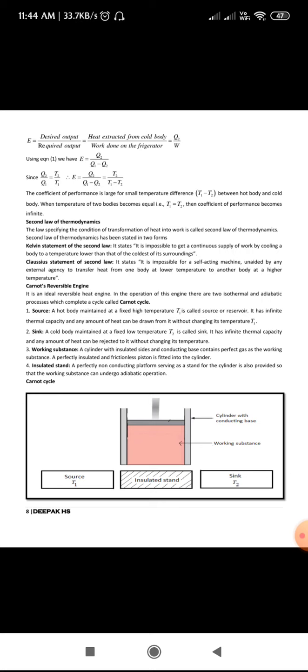In order to maintain the temperature lesser than the surrounding inside a system, you need to supply continuous work. That is the meaning of the Kelvin statement. Just go through the statements once, and just imagine the working of the refrigerator. It will be very easy for you.